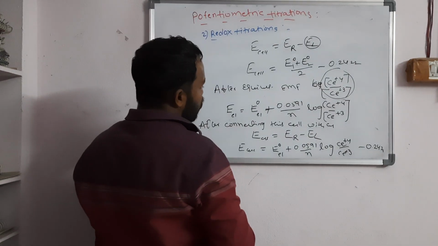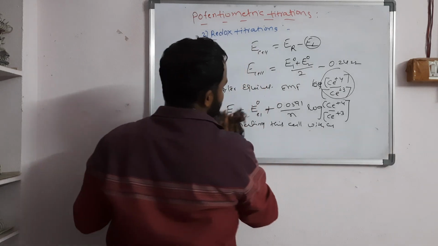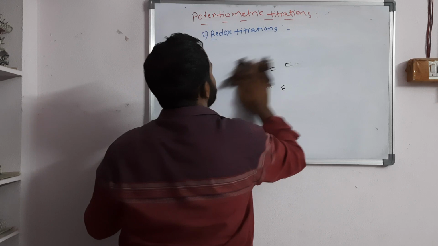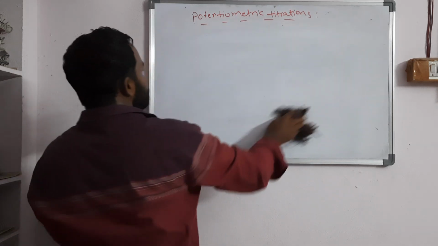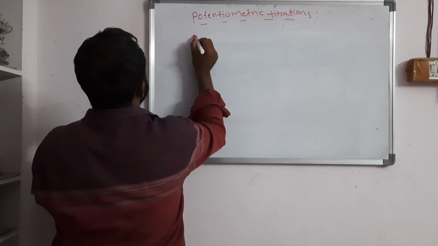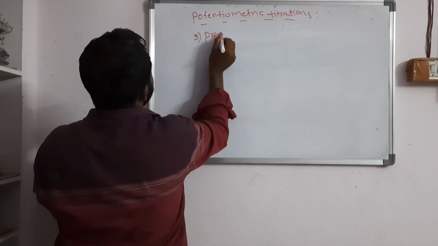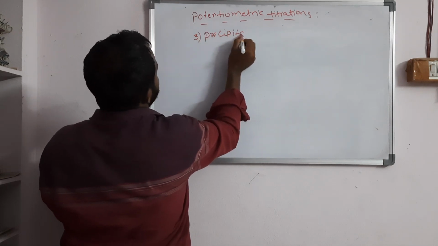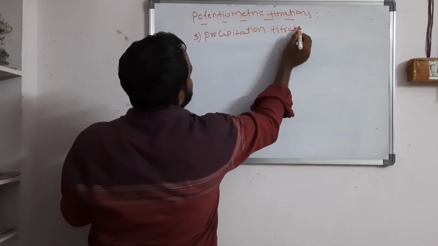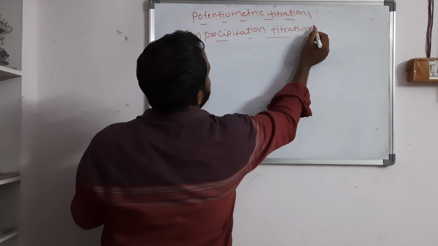Next we will discuss the acid base titration, and next the precipitation titration. So that is last in the potentiometric titrations. This is very simple. The third one is precipitation titrations.